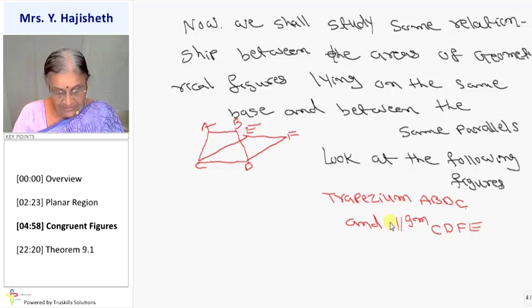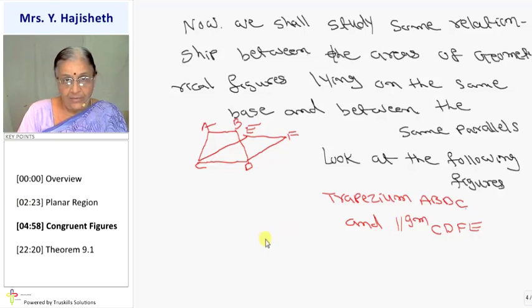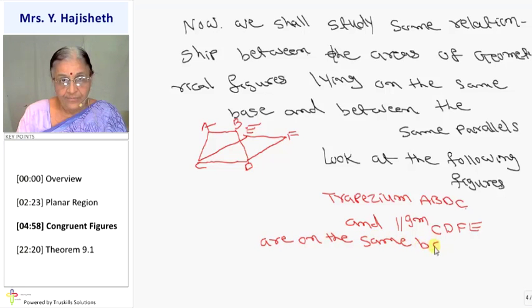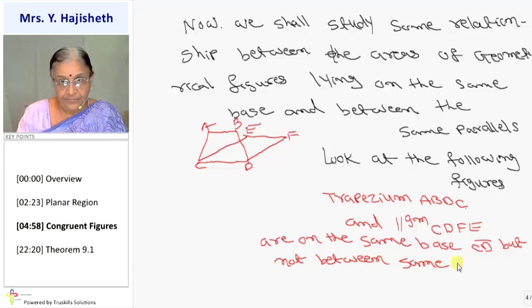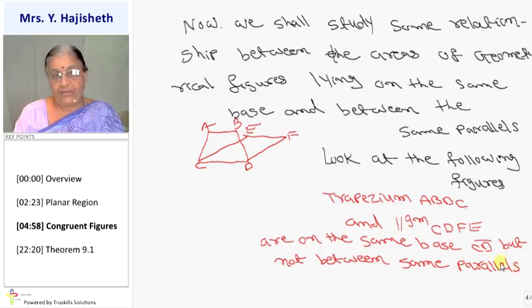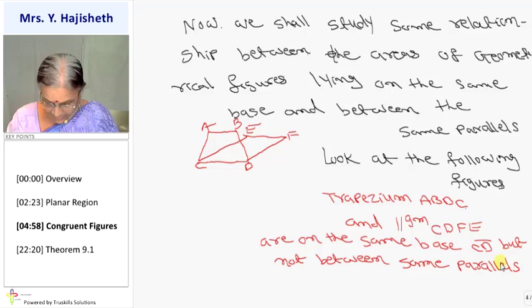This trapezium ABCD and parallelogram CDFE are on the same base CD, but not between the same parallels. They are lying on the same base, but they are not lying between the same parallels, okay?